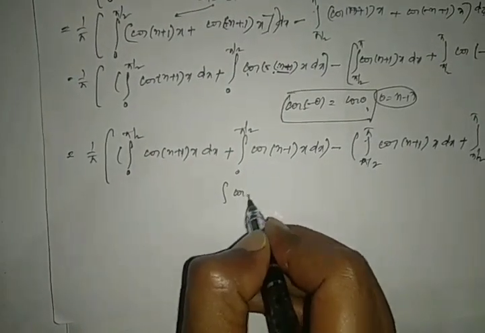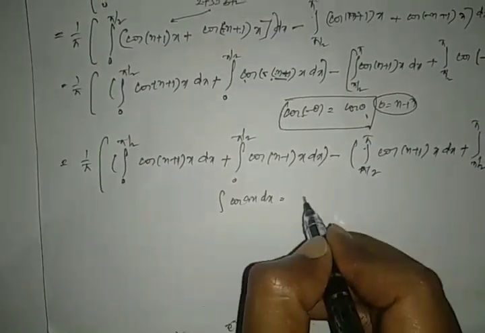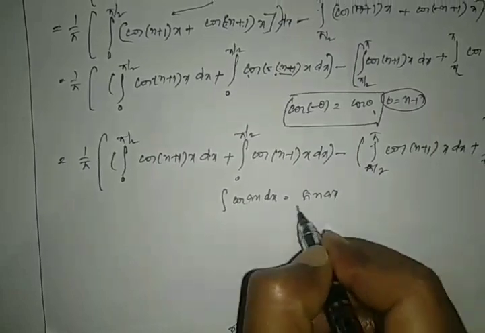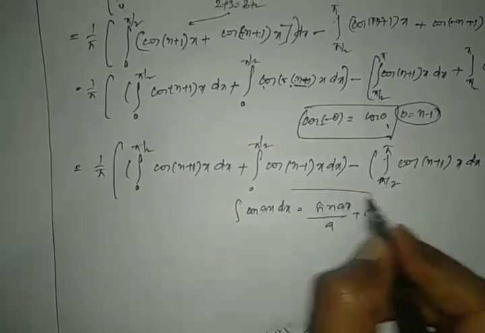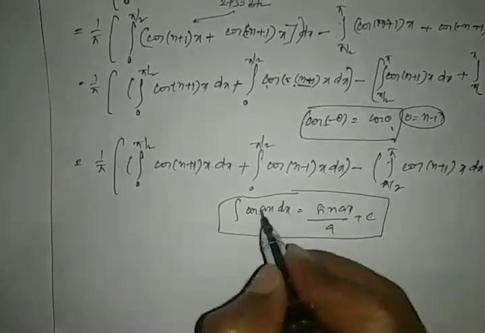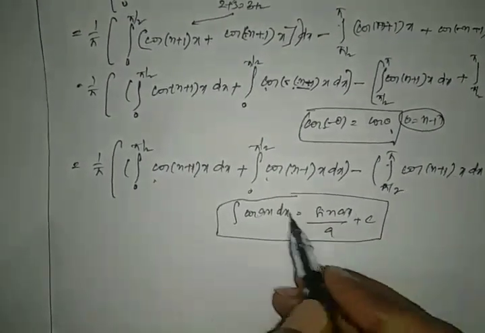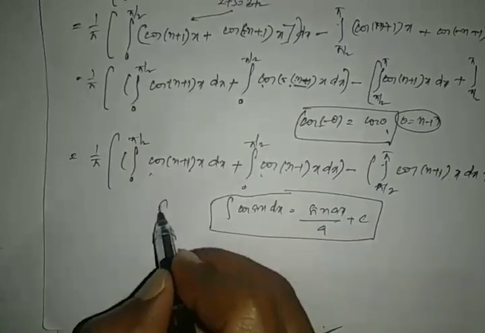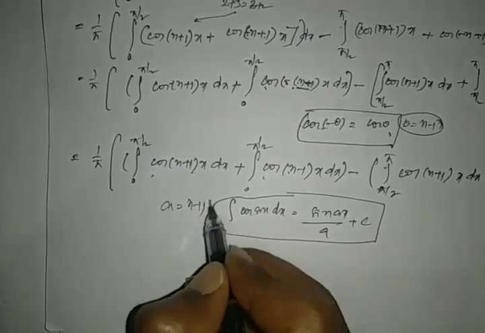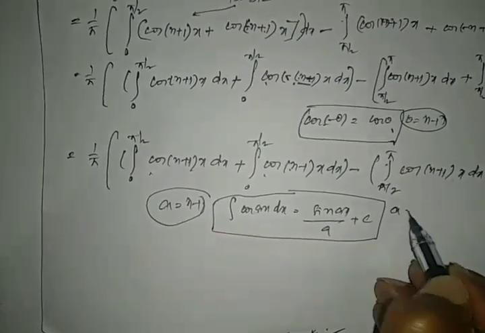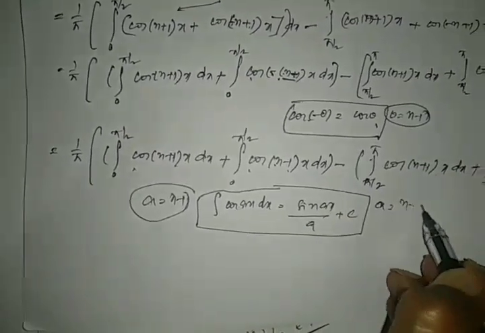See, we know that integral of cos ax dx is equal to sin ax by a plus c. If we compare, every integral has cos, so a is equal to n plus 1 in one and a is equal to n minus 1 in the other.